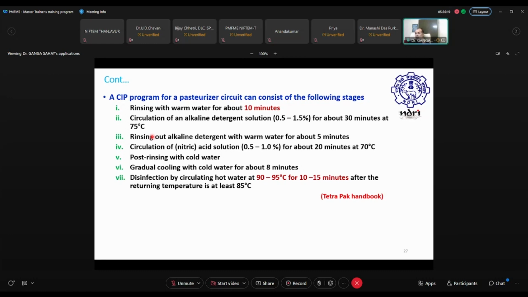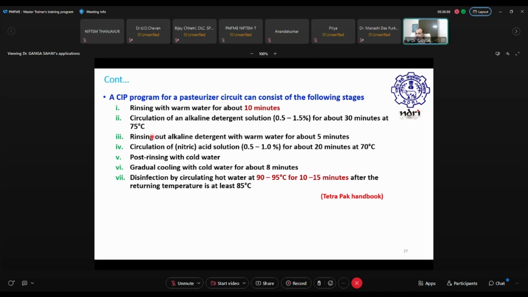Another thing is the temperature of the cleaning solution. If you send alkaline water at 20 degrees centigrade, the cleaning won't be efficient. It won't happen at all. So the right temperature here is 75 degrees centigrade, and you have to maintain it. The third thing is time, the duration for which the chemical is in intimate contact with the equipment surface.